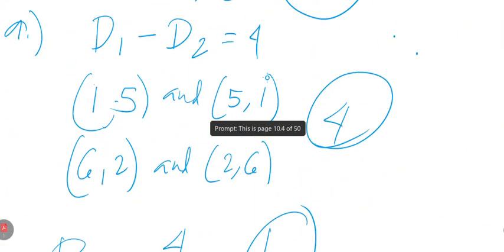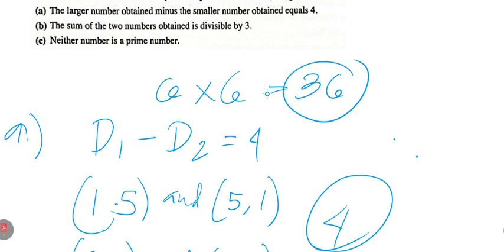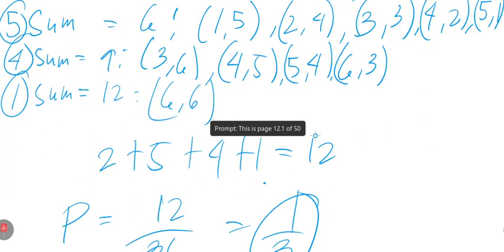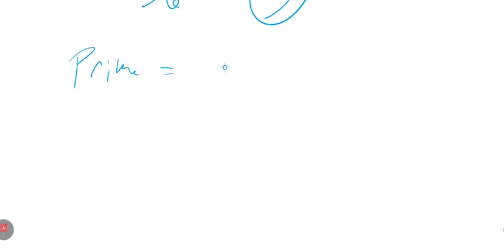Now, for the last one, C: neither number is a prime number. Let's look at what the prime numbers on a die are: 2, 3, and 5, so those are 3.